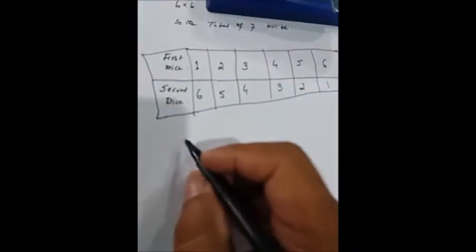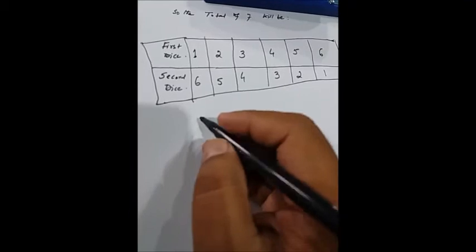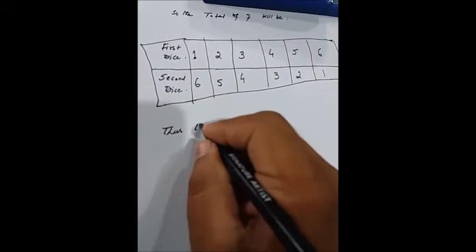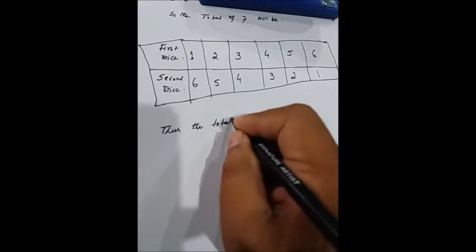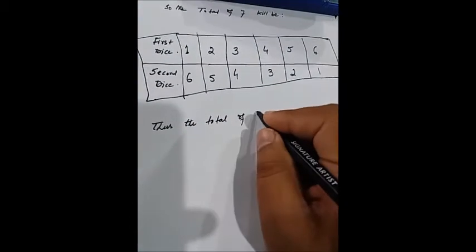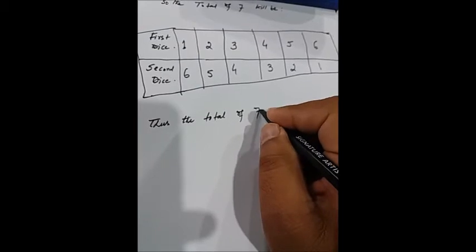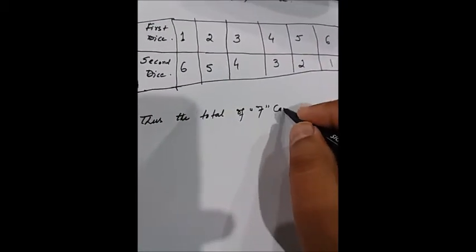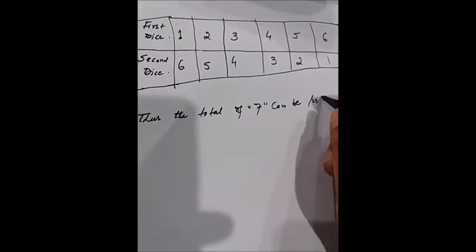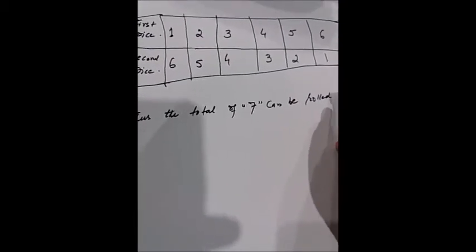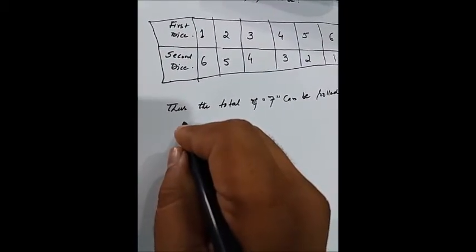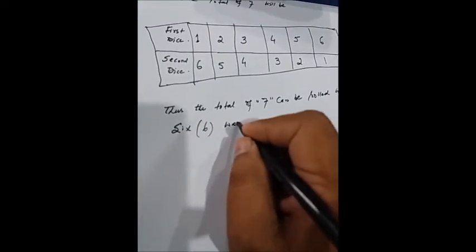Hope you understand the problem. Thus the total of 7 can be rolled in 6 ways.